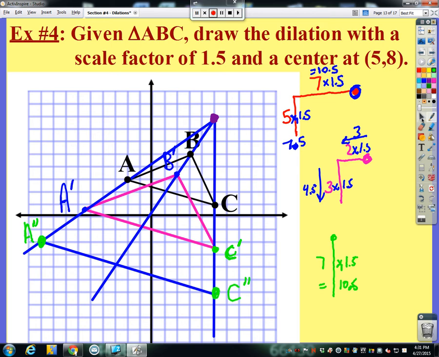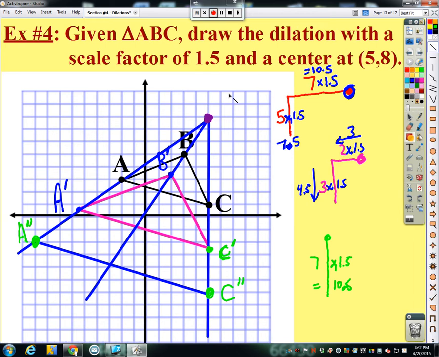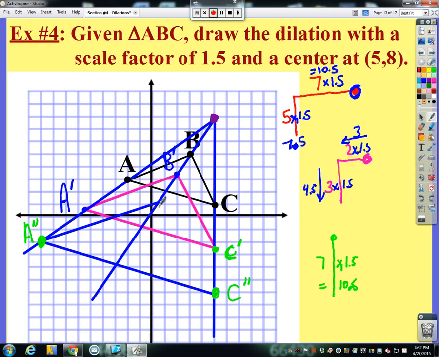And now I need a B double prime somewhere, right? Notice how A prime, B prime looks here. If I started at A double prime, I would need to make this line parallel to AB and A prime, B prime. And I would say about right in here? About right in that vicinity? It looks pretty parallel to the others.